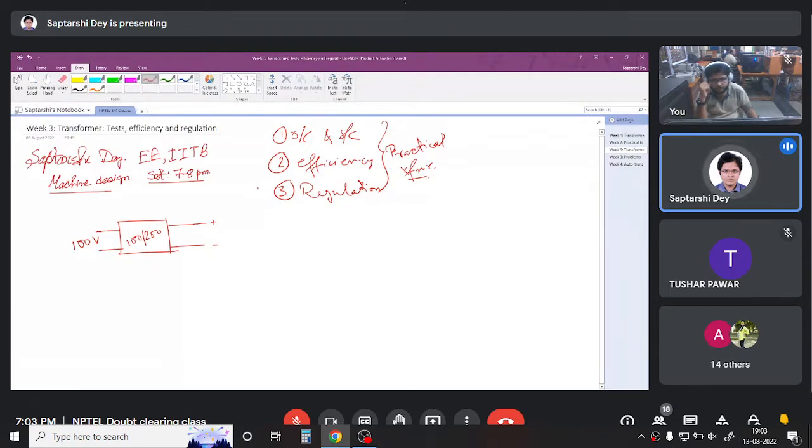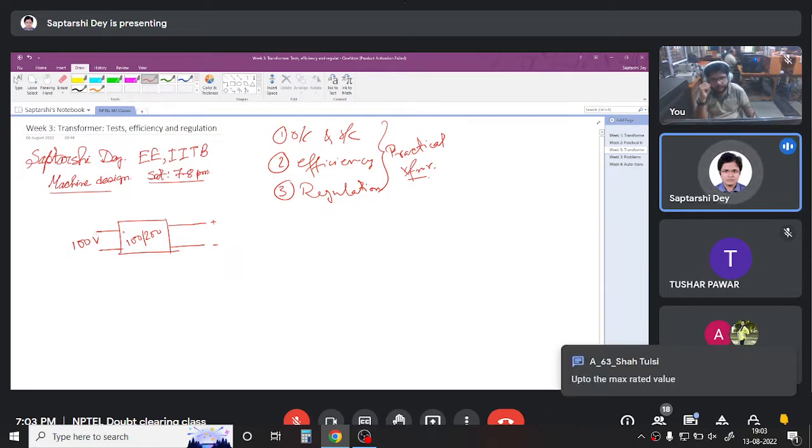Could you please unmute and answer? The practical transformer supply voltage is 100 volt, up to the max rated value. What is the value? 200 volt, is it?